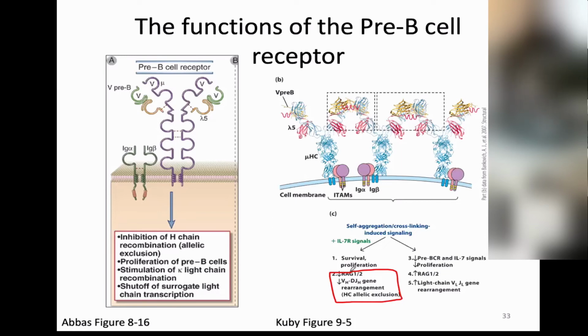One of them finishes first. When it finishes, that protein gets put up on the surface of the cell. And if that works, this cell stops rearranging the other one, the slow one. That one doesn't get to finish, because we got a signal to stop this whole process by turning off RAG. So this is basically making sure that the cell only makes one heavy chain.